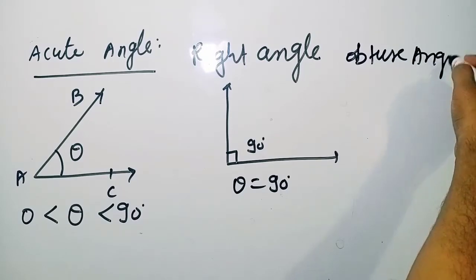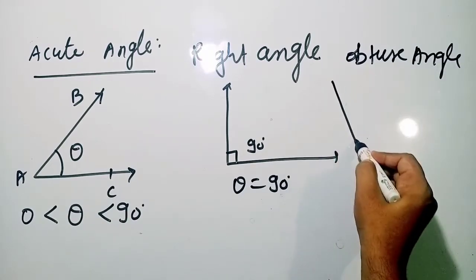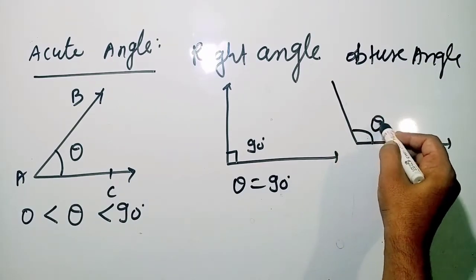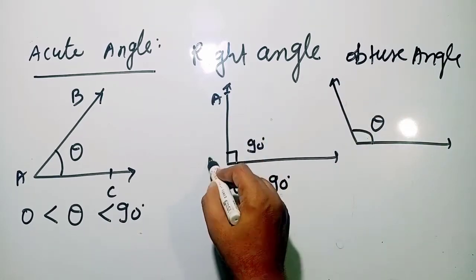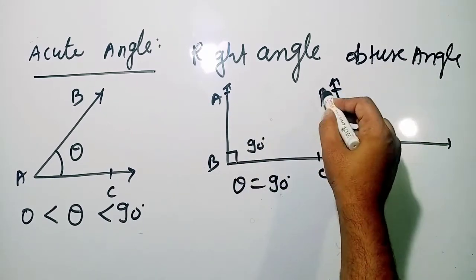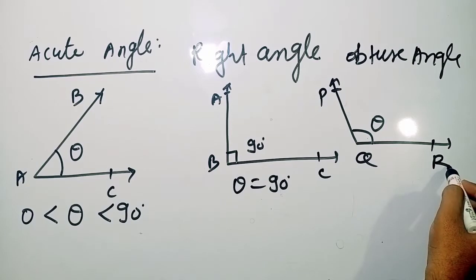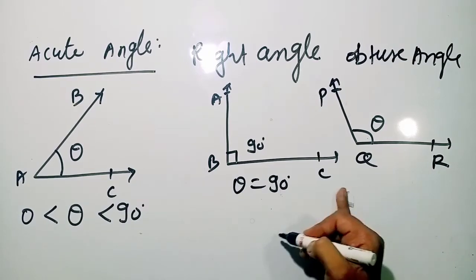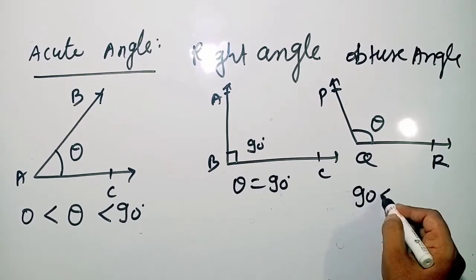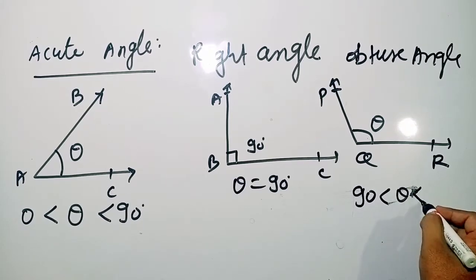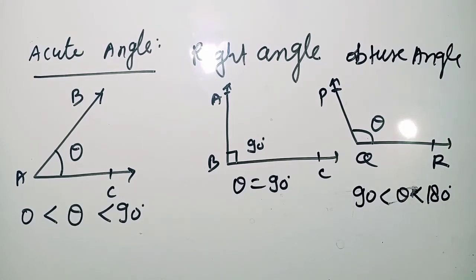Obtuse angle: an angle having measure more than 90 degrees but less than 180 degrees. Suppose here rays PQ and PR are making an angle, so an obtuse angle is always greater than 90 but less than 180 degrees, right students?